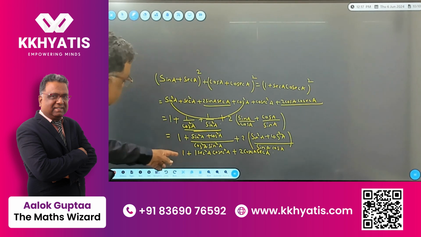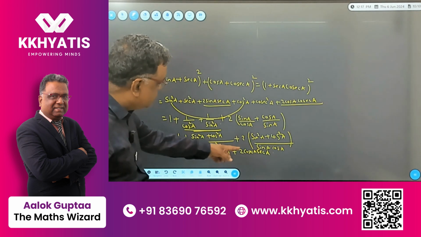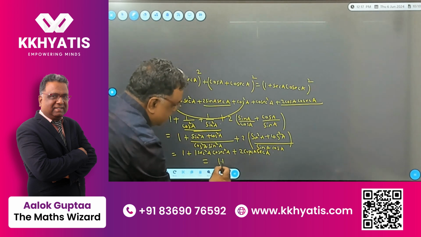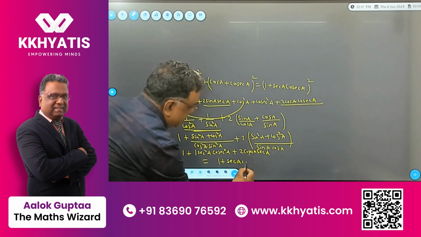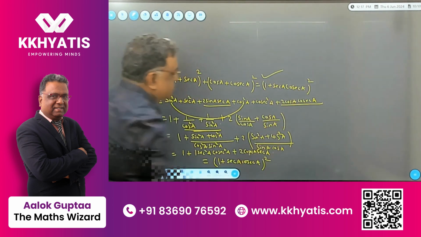Now if you observe this expression, 1 plus sec square a cosec square a plus 2 cosec a sec a is nothing but a plus b the whole square. 1 plus sec a cosec a the whole square, and that's what I've been asked.